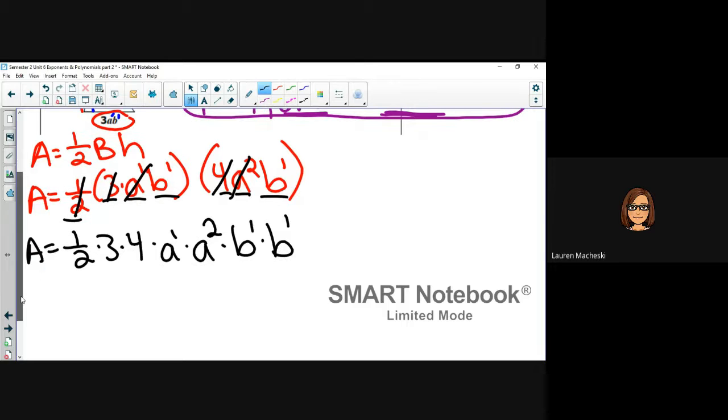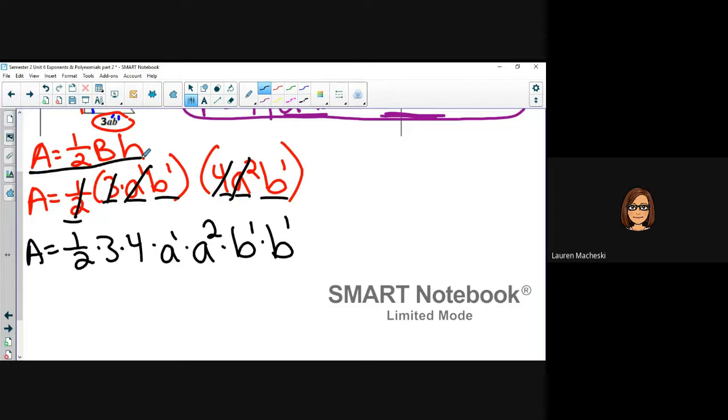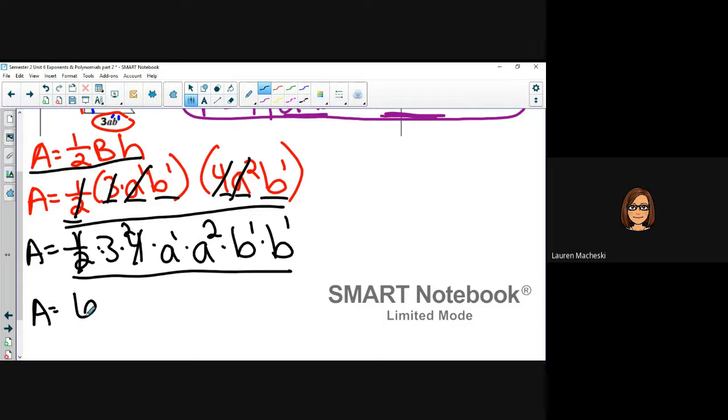Organization is important. So put your formula, substitute for your formula, organize, then give me an answer. 1/2 times 3 times 4. Well, in my head, I would think I can take half of 4 easily. Half of 4 is 2, and then 3 times 2 is 6. You can put that in your calculator and check yourself.